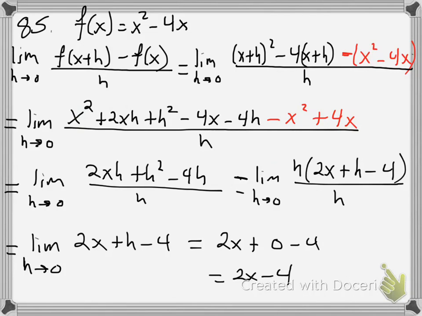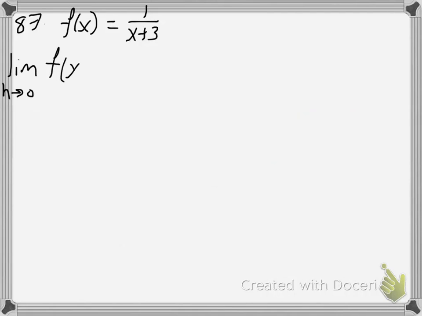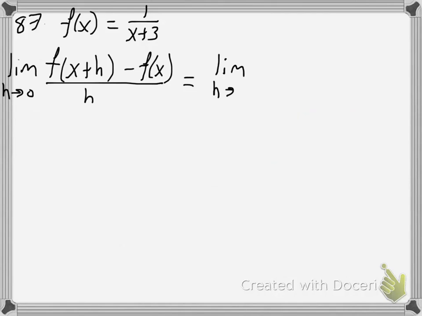The last one has a bit of a trick to it. In your prerequisite homework, you did something related to this, where we were doing some fraction busting, or clearing the fractions. So again, we're rewriting the limit as h goes to 0 of f of x plus h minus f of x, all over h.